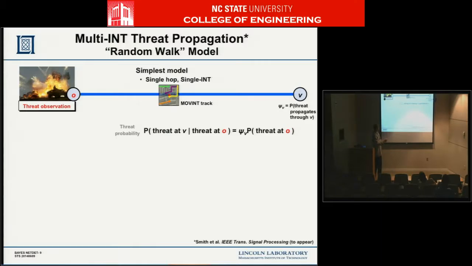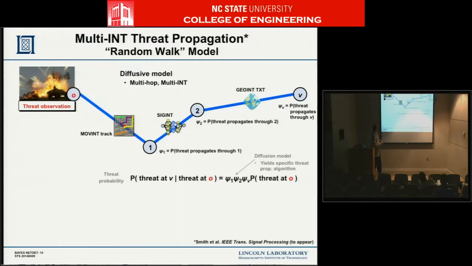So the probability of threat over here, given the probability of threat at my observation, is equal to just the probability that I had that observation to begin with, multiplied by the probability that it could move between the two. So that's pretty simple.